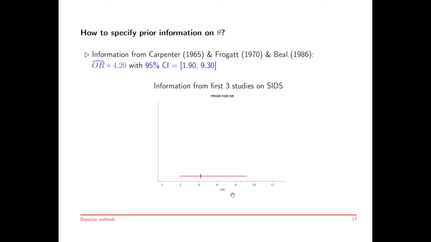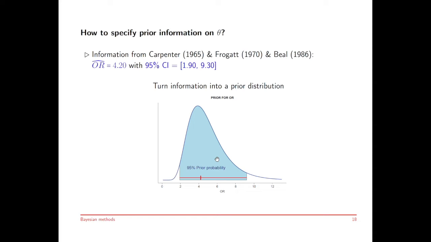Now we have to realize that an odds ratio is a continuous variable going from 0 to infinity. So it doesn't make sense to put probability on a particular value because it's always 0. So what we do is we give it a density that roughly represents the information that we obtained from the 3 previous studies.